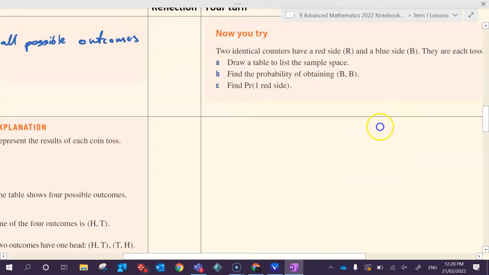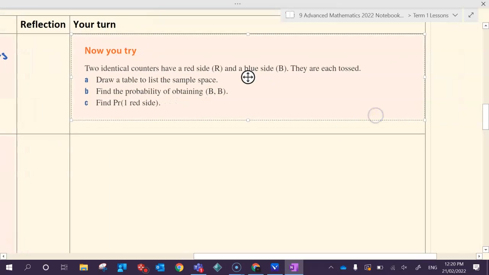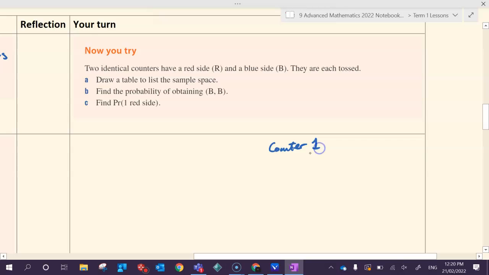All right, so we've got one for you guys to try. 2 identical counters have a red side and a blue side. They are each tossed. Draw a table to list the sample space. I'll draw the structure of the table just in case you're not really confident with that. I could have called it counter A. Why do I have to use numbers? I don't know either.